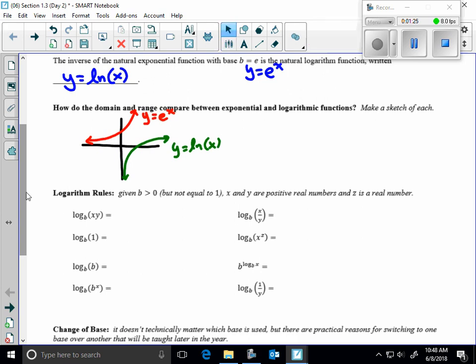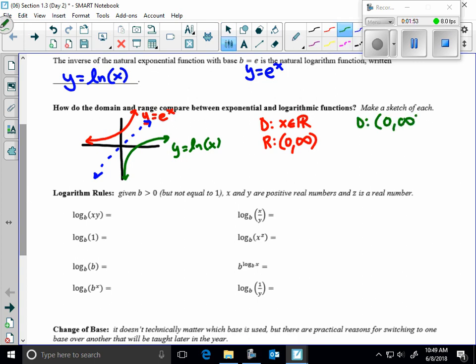Seeing that these two are inverses and are a reflection over the line y equals x, the domain of e to the x is all real numbers, and the range is from 0 to infinity. For its inverse, domain and range are switched. So the domain is from 0 to infinity, not including 0, and the range is all real numbers.